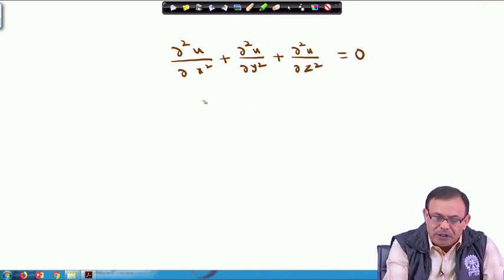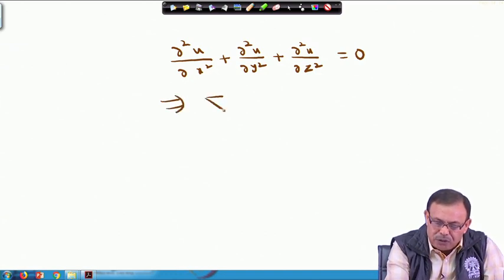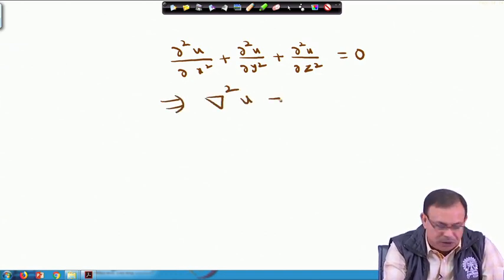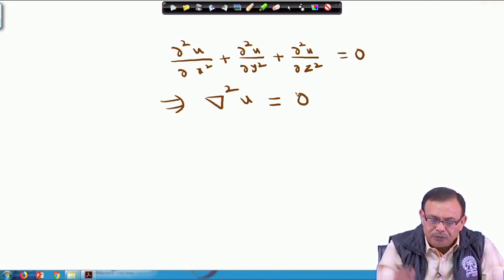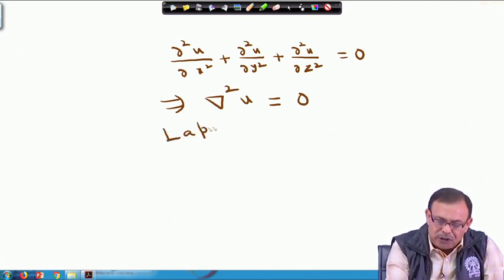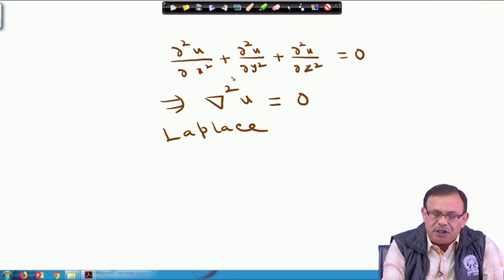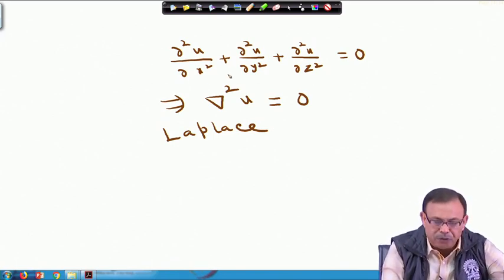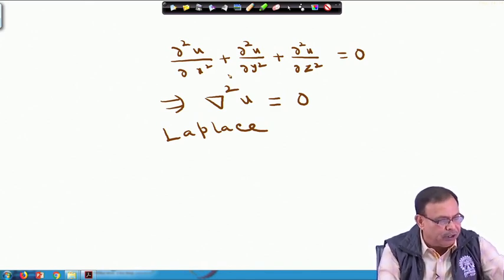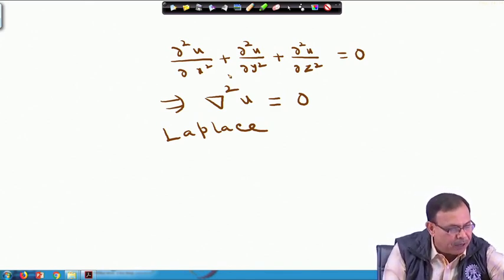And this means basically, as I told you, ∇²u equals 0. So, this equation we call as Laplace equation.